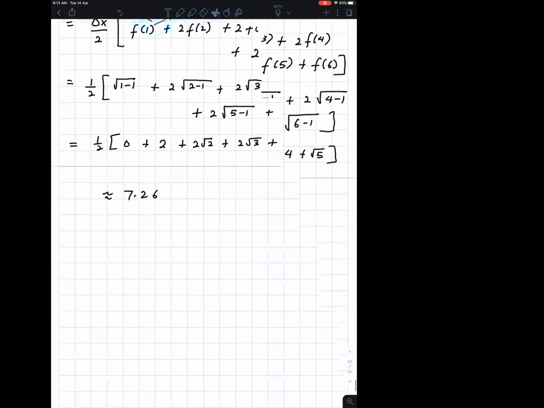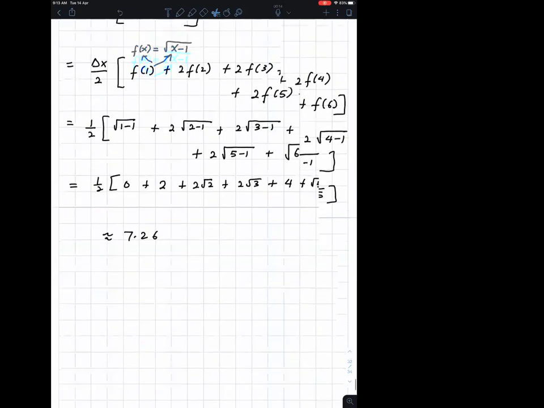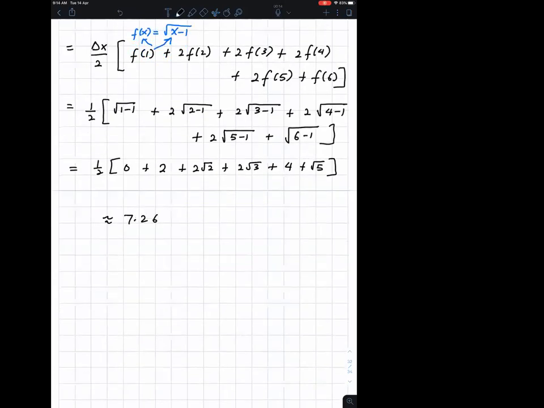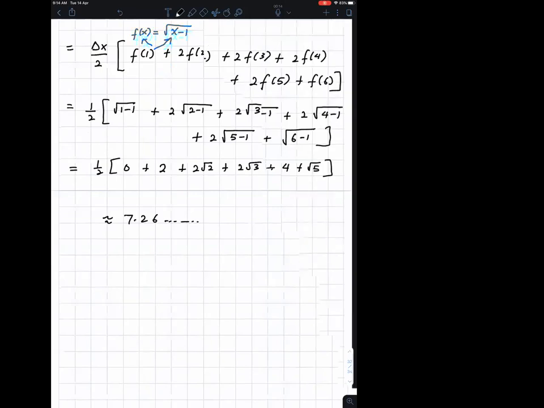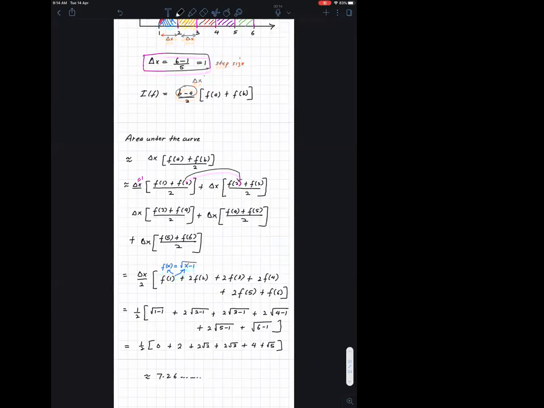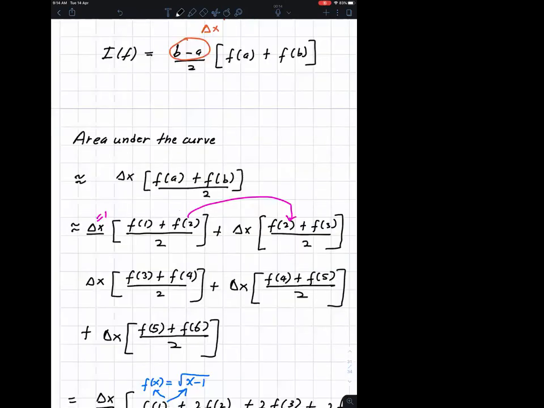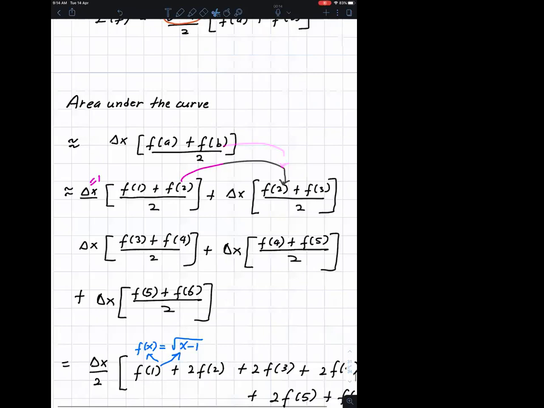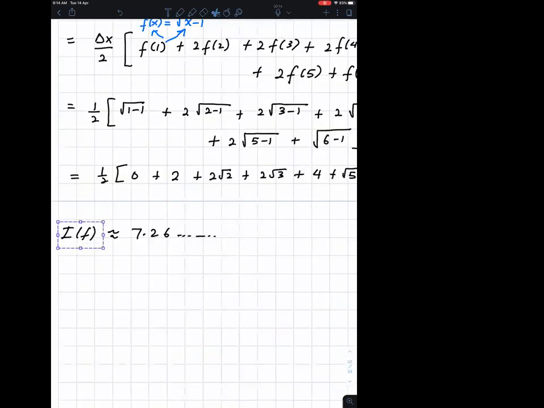So this is numerical analysis. Usually you'll get a lot of decimal places. Usually people try to be as accurate as possible, but now we're just simplifying things. So this is your area under the polynomial of degree 1.